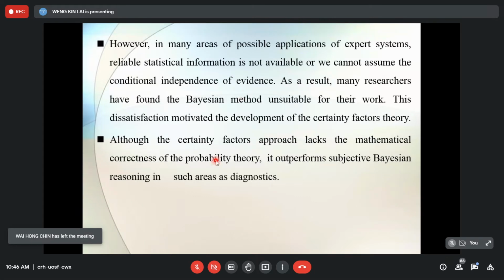But the downside is that the certainty factors approach lacks the mathematical correctness of probability theory. It outperforms subjective Bayesian reasoning in such areas as diagnostics. So in areas where you use Bayesian, you will find that the certainty factors method produces more accurate results than Bayesian reasoning.